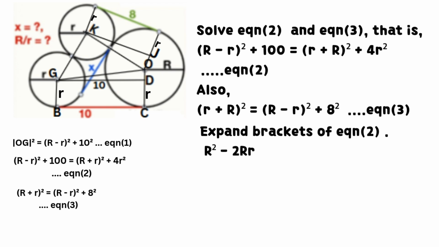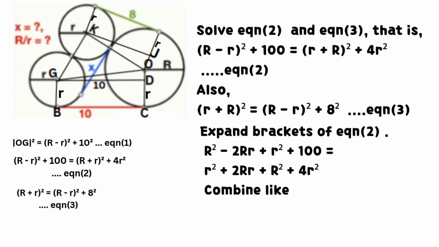Expand brackets of equation 2. We have that the square of r minus 2 times the product of r and small r plus the square of small r plus 100 equals the square of small r plus 2 times the product of r and small r plus the square of r plus 4 times the square of small r, as shown on the screen.